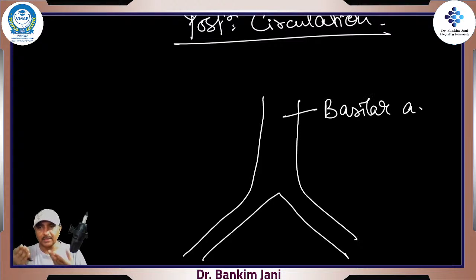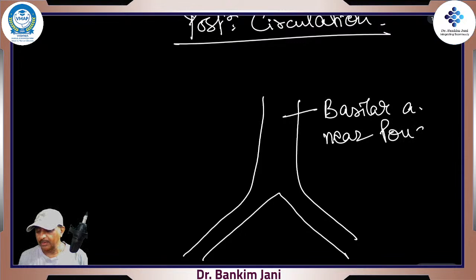Obviously they will be joining just near the pons, right? As such it is the pontomedullary junction, but if you say pons, that is not very much wrong. So that's where it occurs.